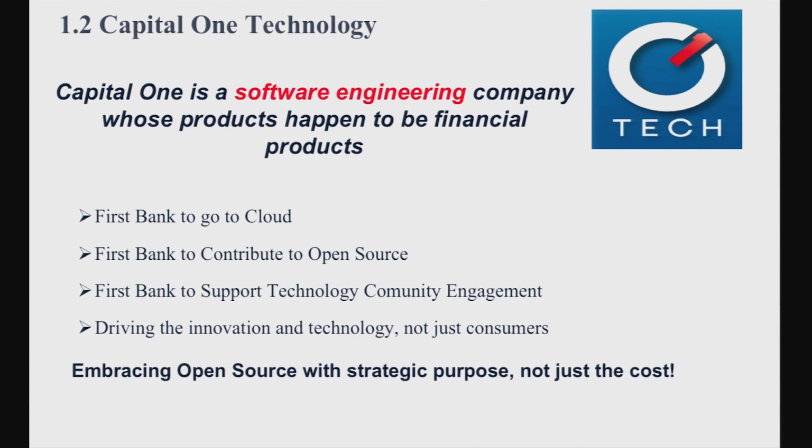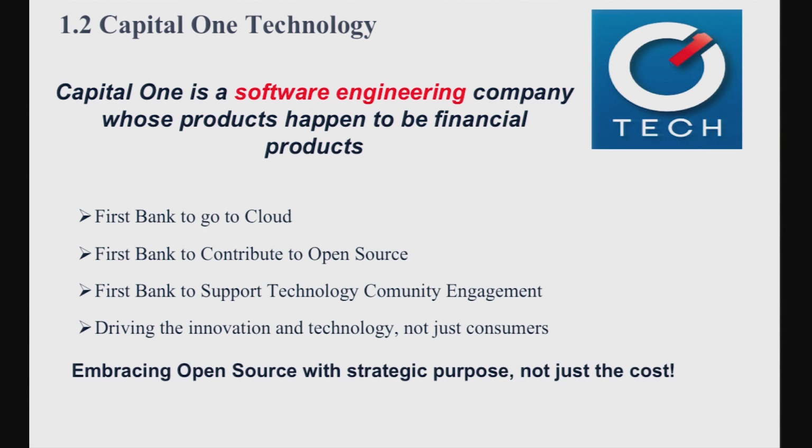So we committed to completely migrate to cloud by 2020. We already started in a big way. And we are the first bank to contribute code to open source. A lot of banks use open source based products, but as far as I know, no other bank's employees contribute code to open source, whereas Capital One employees contribute back to open source.